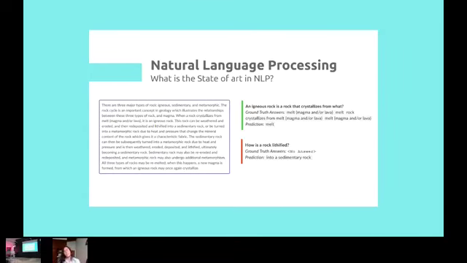And then we are going to ask these questions. An igneous rock is a rock that crystallizes from what? We know that human language is complex and there can be many valid answers. We could say the answer is melt, magma, or lava. We could say just melt. We could say a complete answer: rock crystallizes from melt.